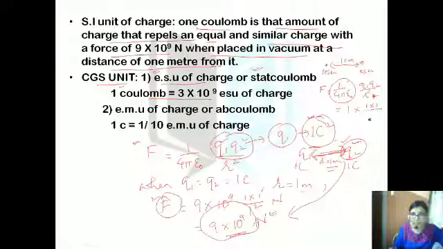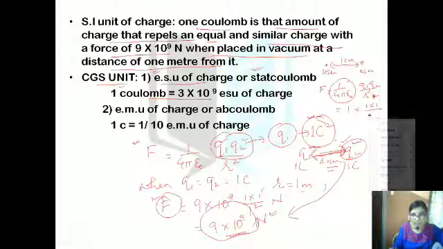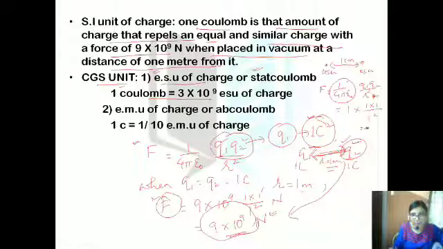Here r is 1, so again this will be 1 square. So force will be 1. What is the CGS unit of force? It is dyne. So the force acting between these two ESU of charges will be 1 dyne. From this information, please define what ESU of charge or stat coulomb is. I'll leave this to you.